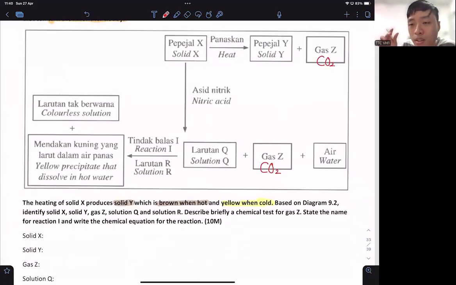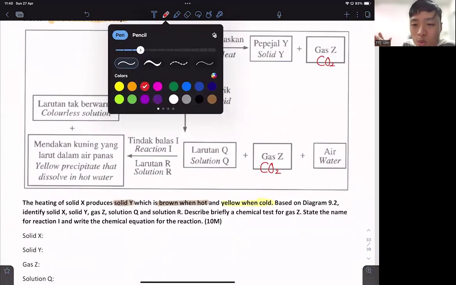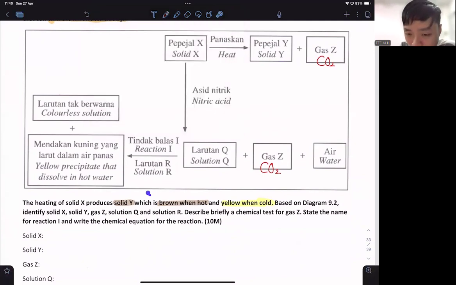Just now you had ZnO, which is yellow when hot, white when cold. So this one, brown when hot, yellow when cold, what is it? PbO, very good. So solid Y is PbO.